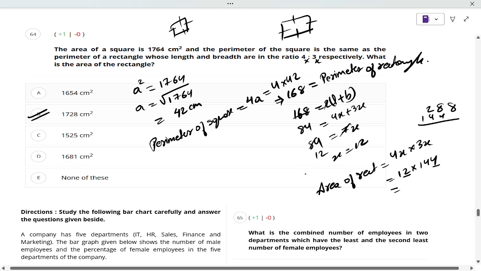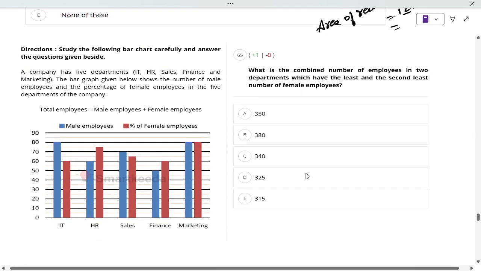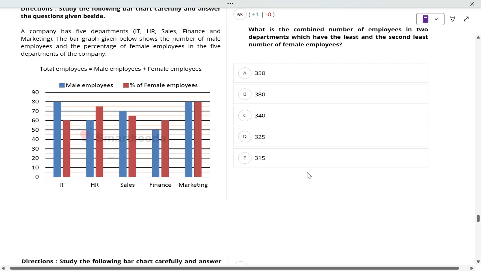That's the answer. Okay, now we have another data interpretation. Alright, we have total employees. Employees means male plus female employees. We have IT, HR, sales, finance, marketing, 5 departments.